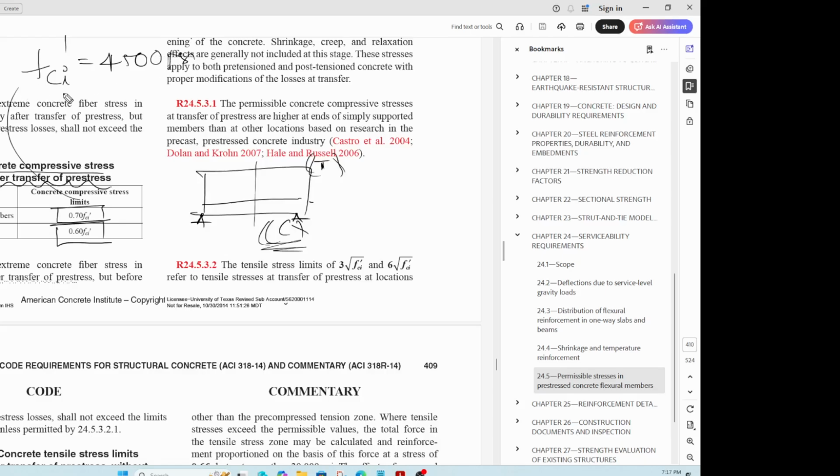After it goes to the final phase, it gets hardened and reaches its final strength, and f'c might be like 6,000 psi or something like that, right? So when you're doing this at transfer of pre-stress, you're not using this value. You have to use that particular value.